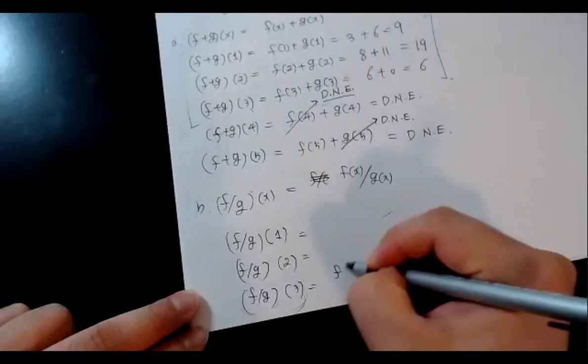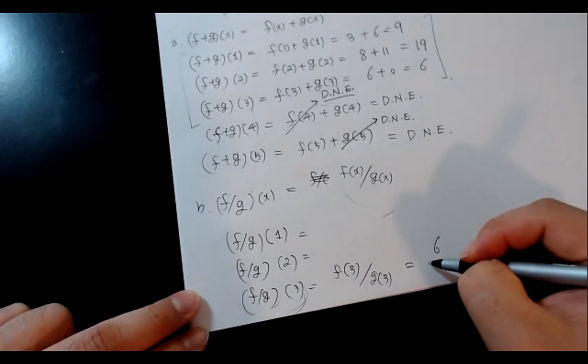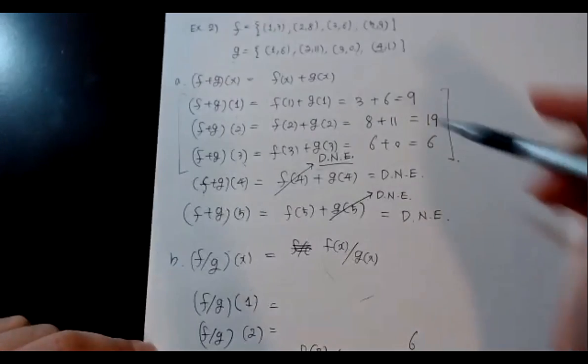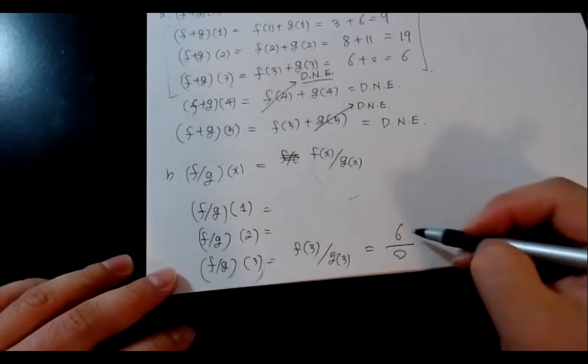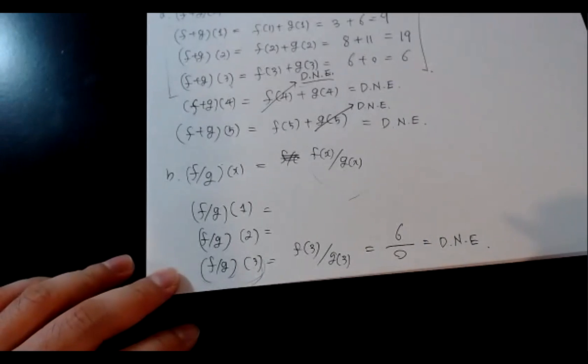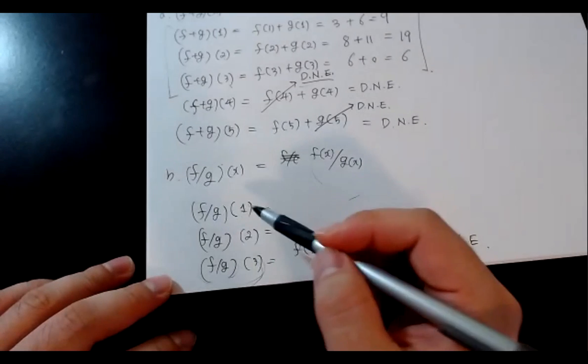This is f of 3 over g of 3. F of 3 is 6, g of 3 is what? 0, because g of 3 is 0, right? So that does not exist.